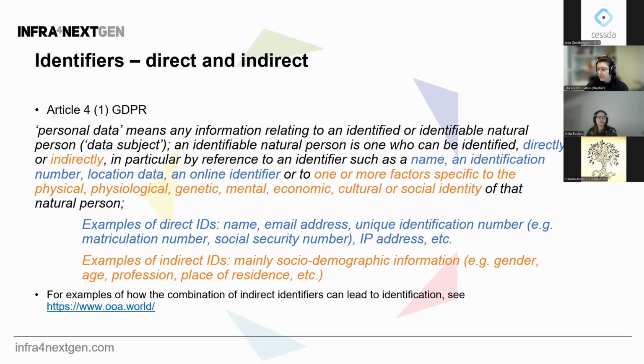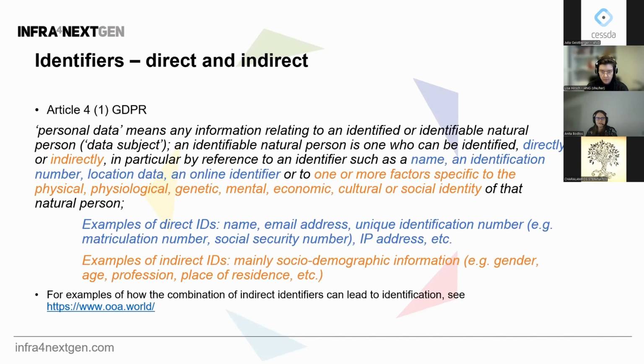Such information could be your name, your email address, a unique identification number like a student ID, a social security number, the advertisement ID on your phone, your IP address, etc. So this information directly identifies you and there is no ambiguity related to that.